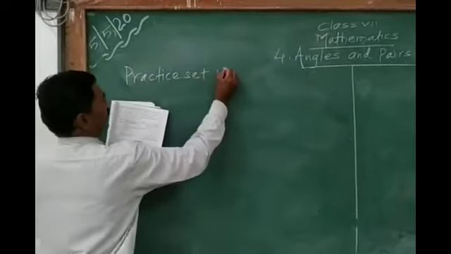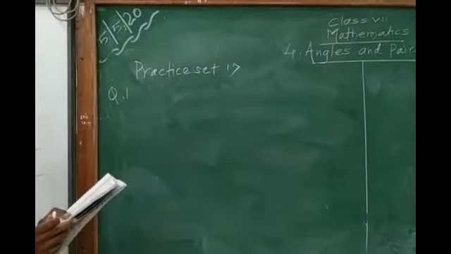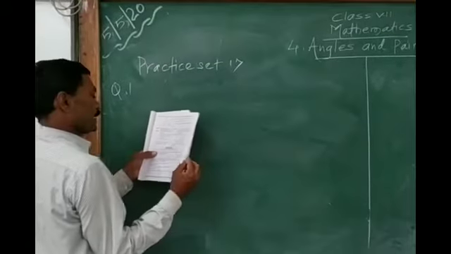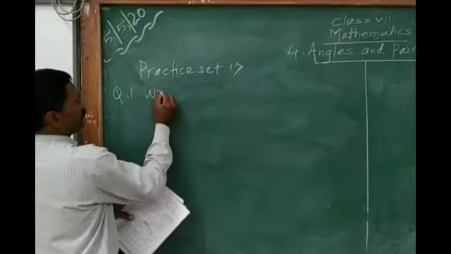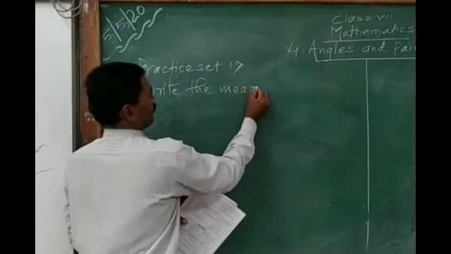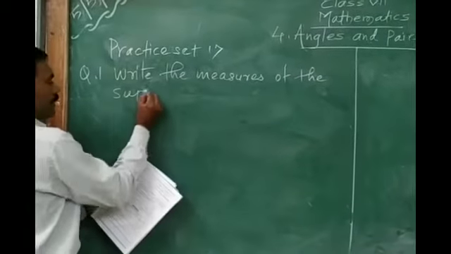Practice set 17, question first. Write the measures of the supplements of the angles given below.